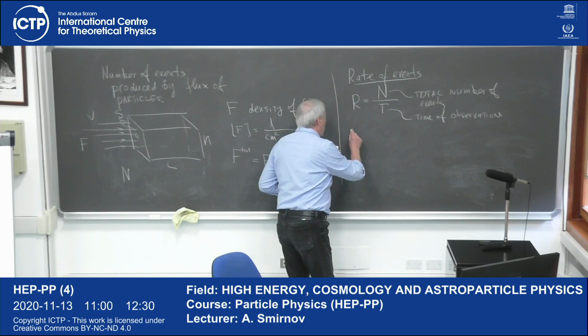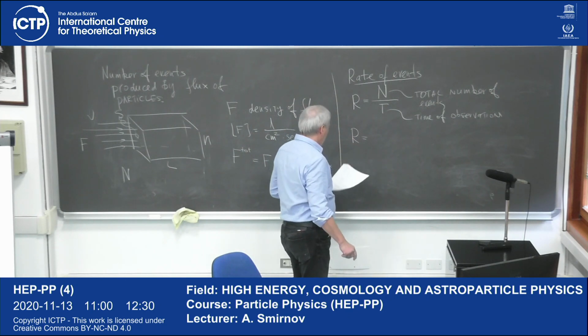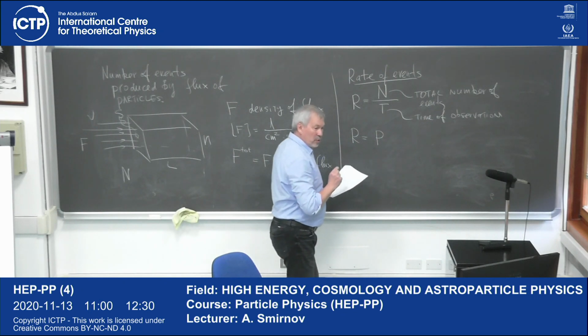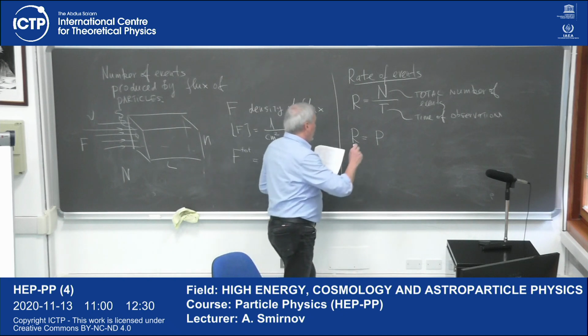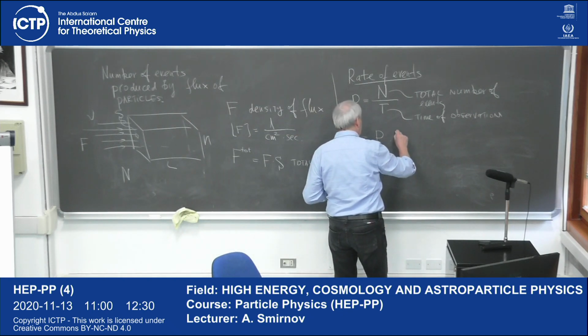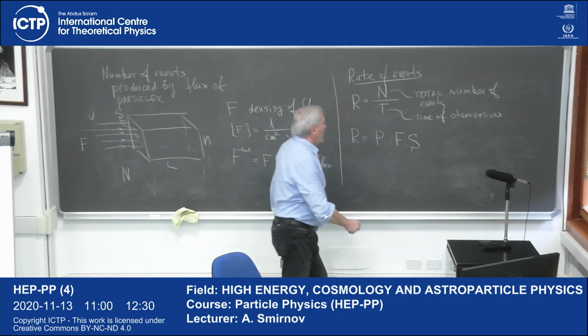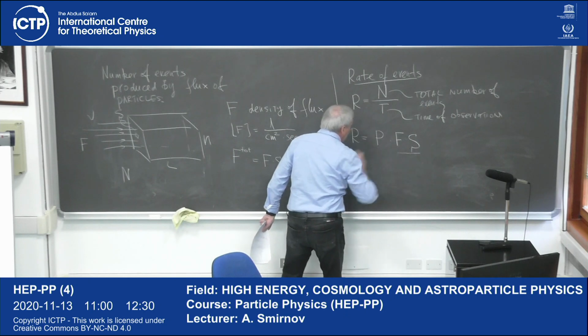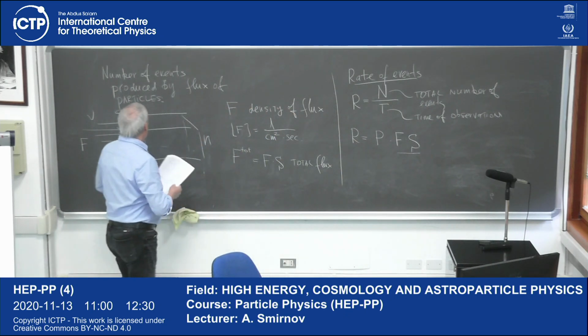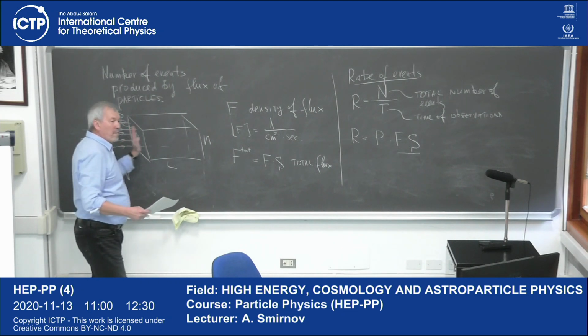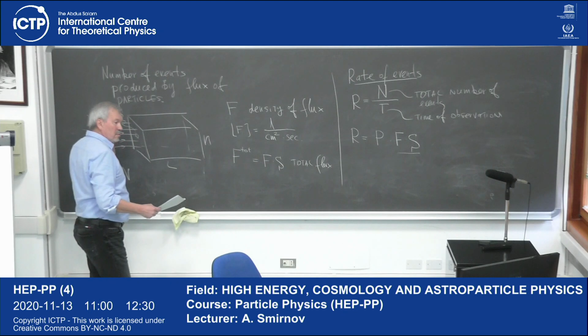Now, what is this R, the rate of events? It is given by the probability of interaction of an individual particle multiplied by the total flux, F times S. So this gives us the number of particles, and let us consider the situation when we have a uniform flux, which is also time independent, so it's constant flux, uniform flux.